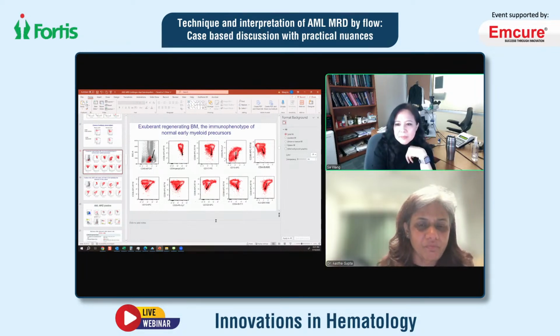We sometimes also do MDS using a very similar panel. In patients with metastatic carcinoma and cytopenia suspicious for MDS, we saw exclusively all these early stem cells. Looks very scary, but again, they follow exactly the same pattern. So it should not confuse you.